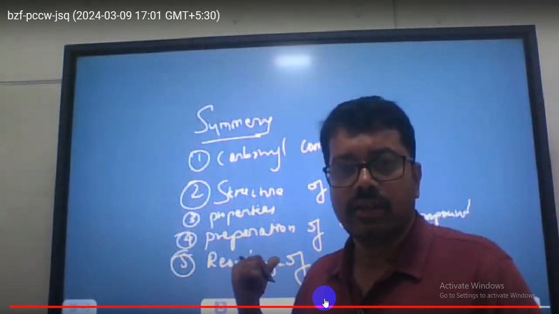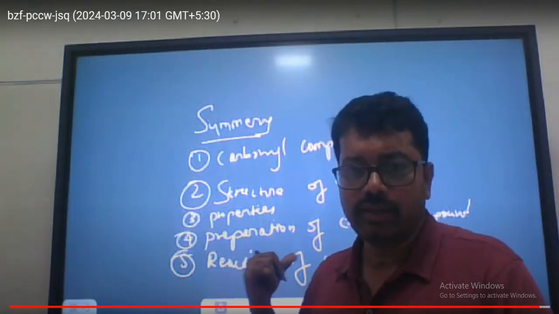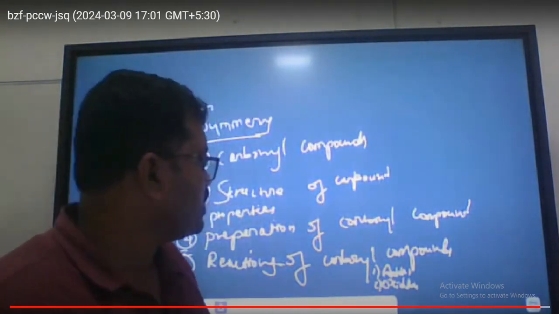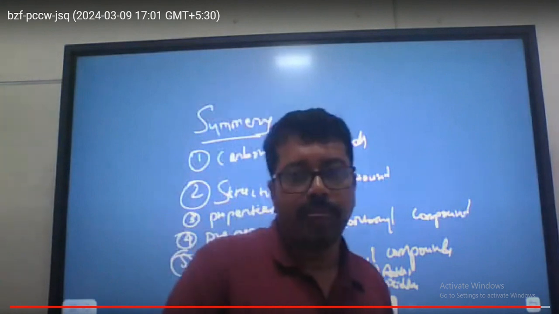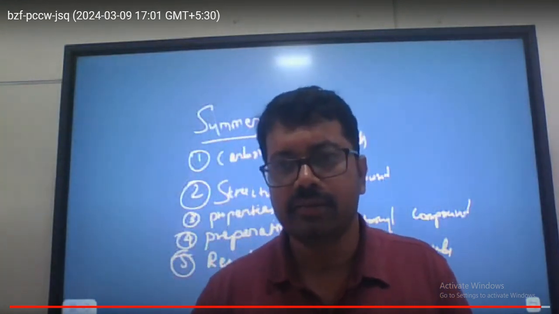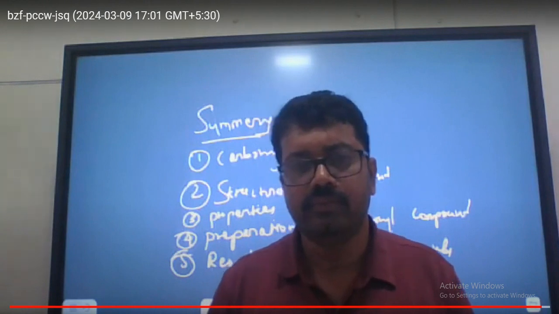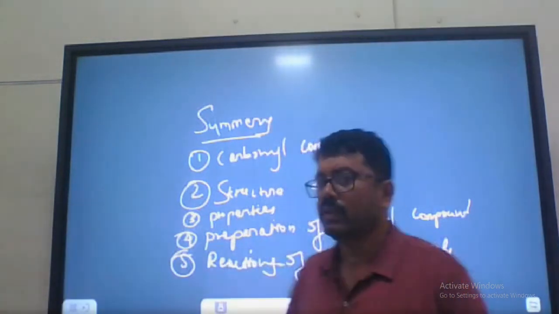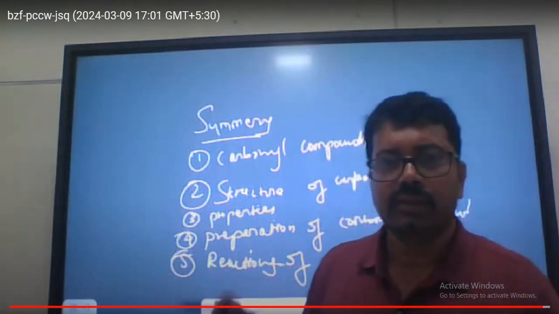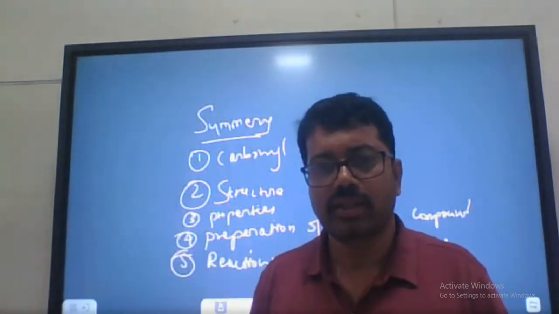So this is enough for the 6th unit. So I want to wrap up this class today. Okay, so if any doubt is there, you can ask and clear it now. If you have any doubt from today's class, otherwise we'll discuss in the next class.